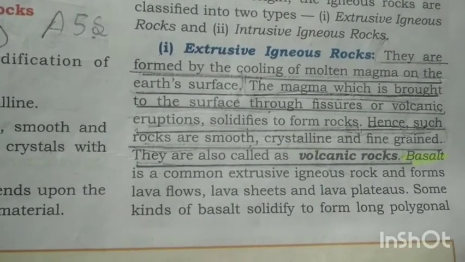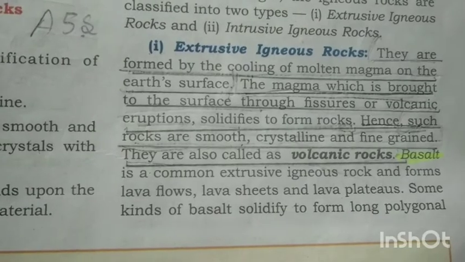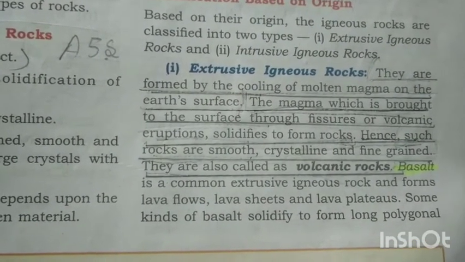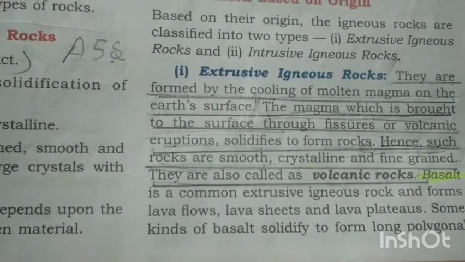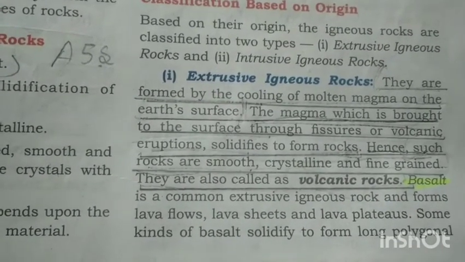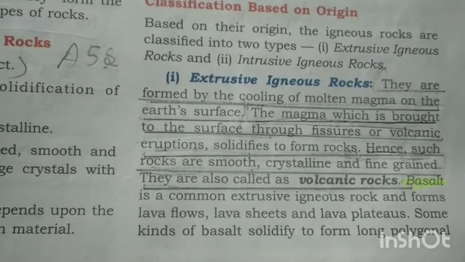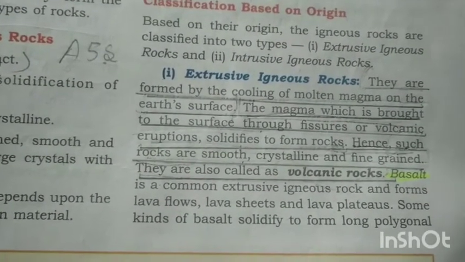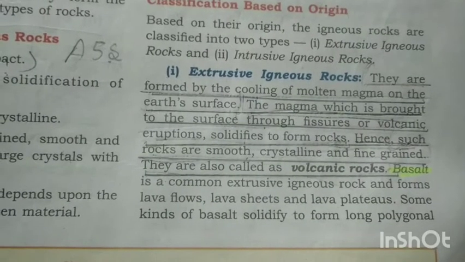So for extrusive igneous rocks, the formation is the same, but they are found on the Earth's surface. We have read how igneous rocks are formed when the volcano erupts. The magma flows down on the Earth's surface, and when it cools down, it forms igneous rocks.